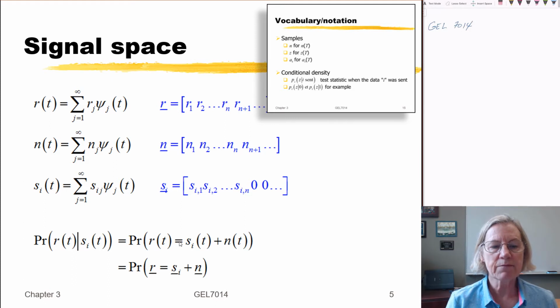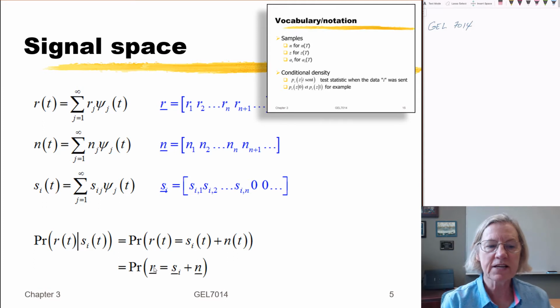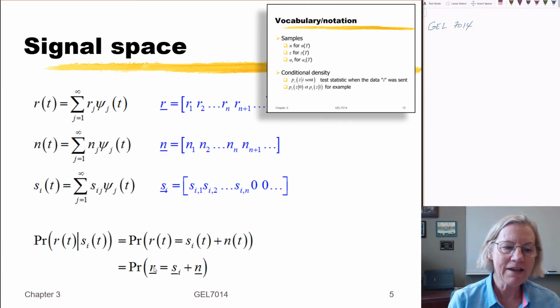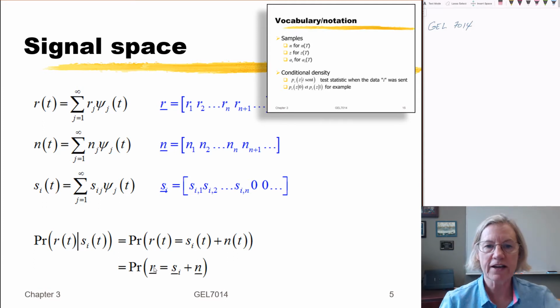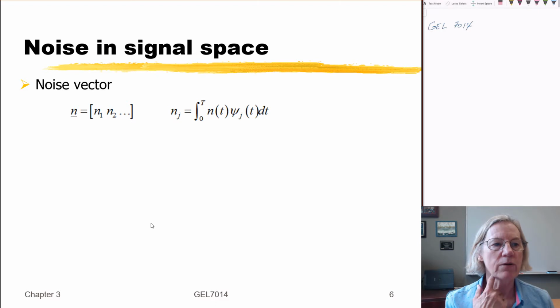And if we take this time domain representation and put it in the signal space, the vector r is equal to the symbol i vector plus a noise vector which tilts it from its value. Now up here in the corner, I said that we sort of did this already when we were looking at the binary case, and now we're just going to try and make it a little more general.